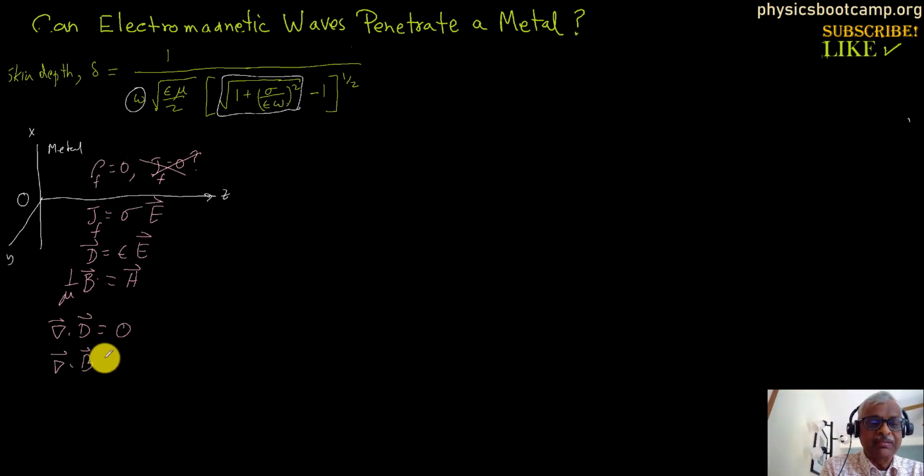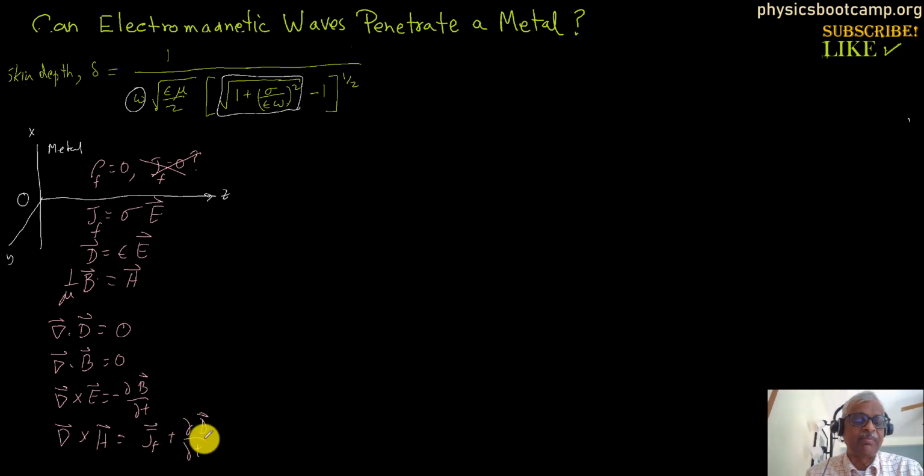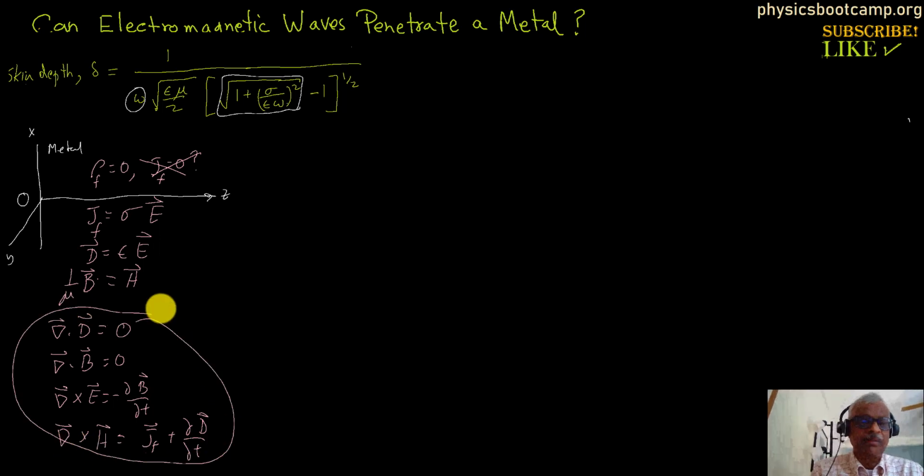Del dot B is always 0, and del cross E equals minus dB/dt, and then you have del cross H, which is equal to J_F plus dD/dt. Okay, so we want the solution of these, and these are the relations between them. And what kind of solution do we want? We want a wave traveling in that direction.